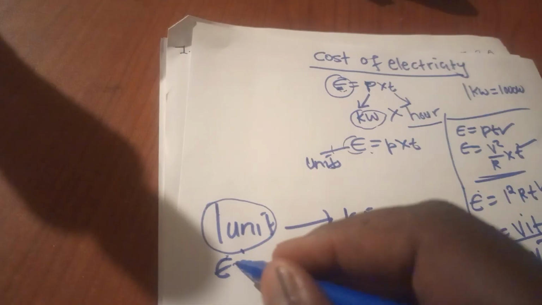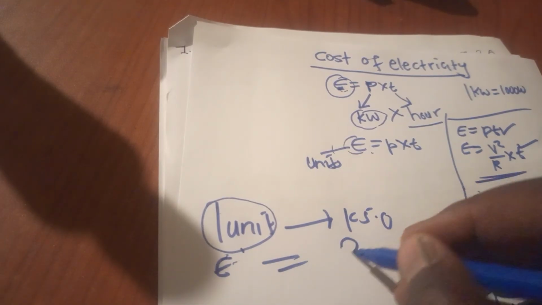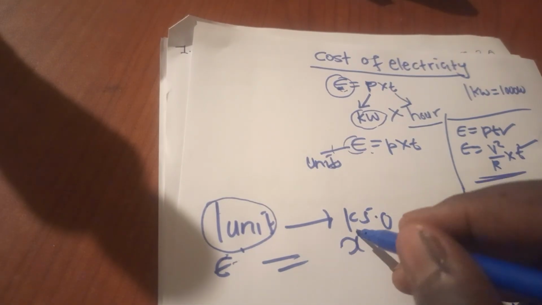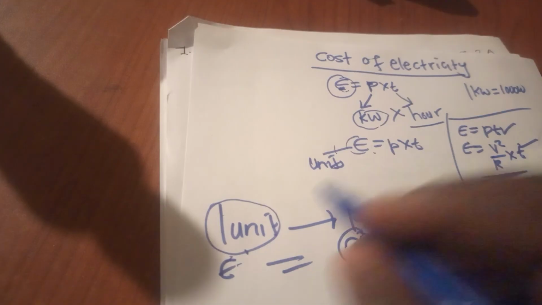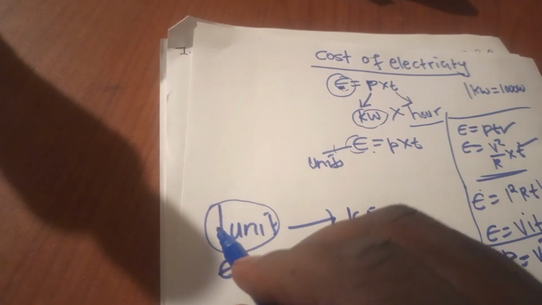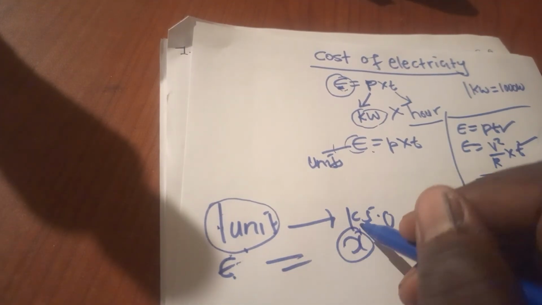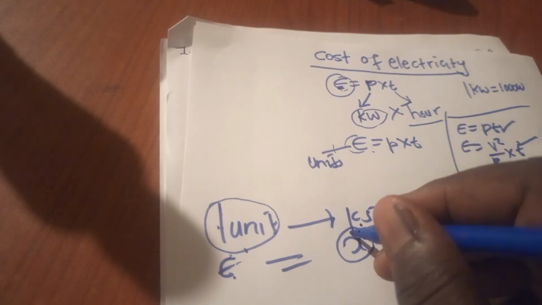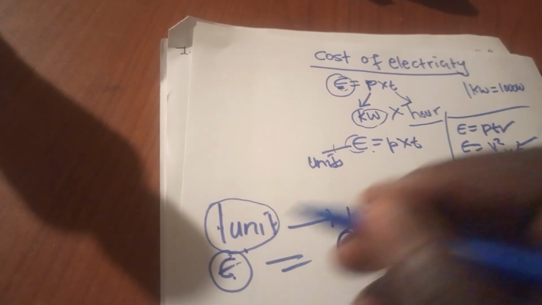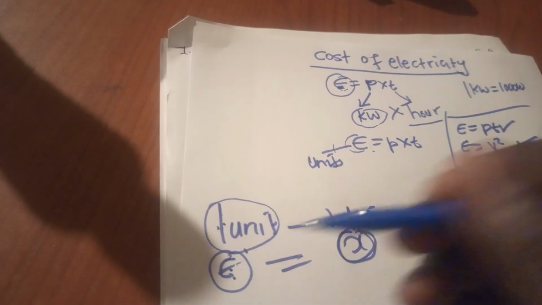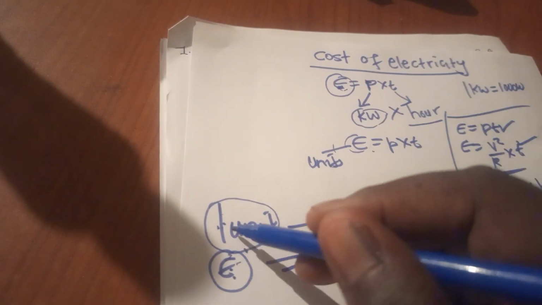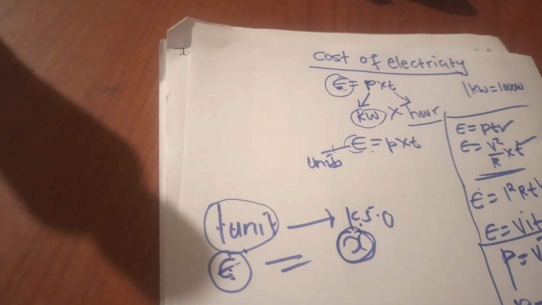Energy is equal to the amount given, that amount that I'm calculating. So you need to know how much is per unit. 1 unit, which represents energy, is equal to this 5 kwacha. Don't forget that 1 unit is the same as energy.